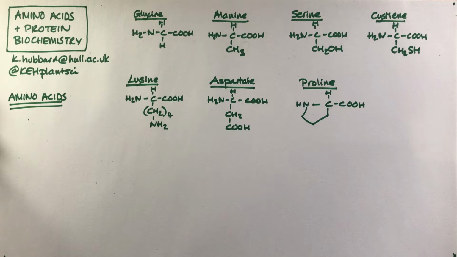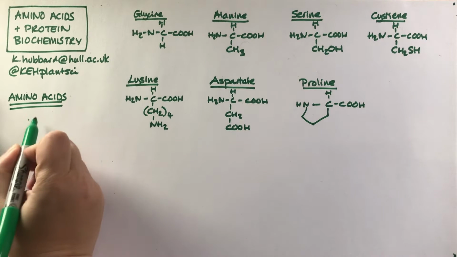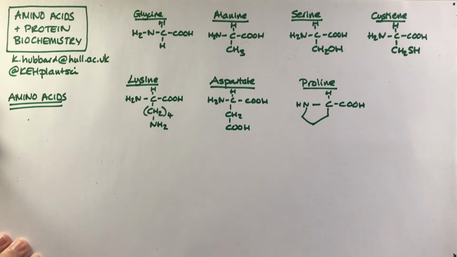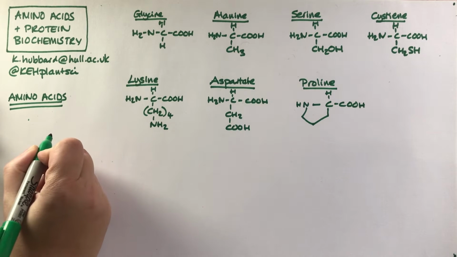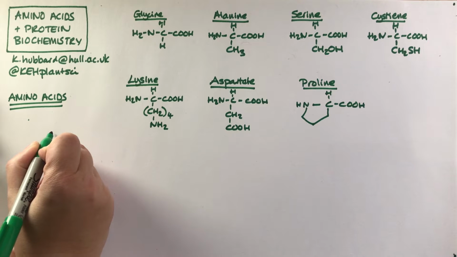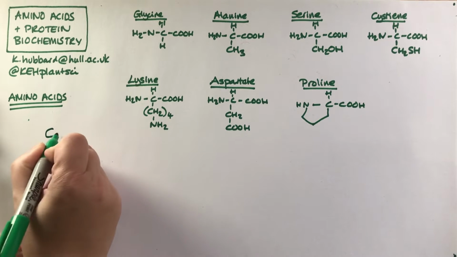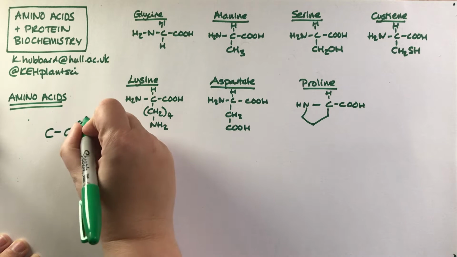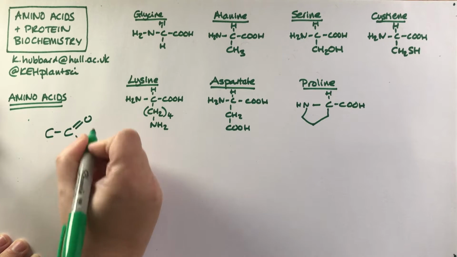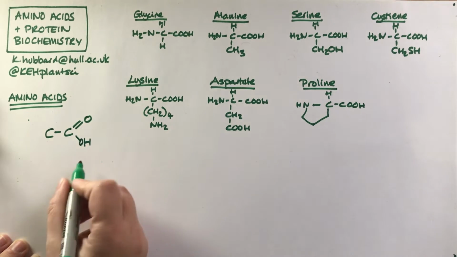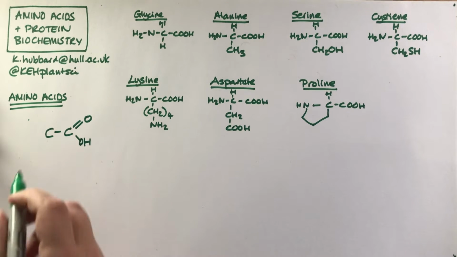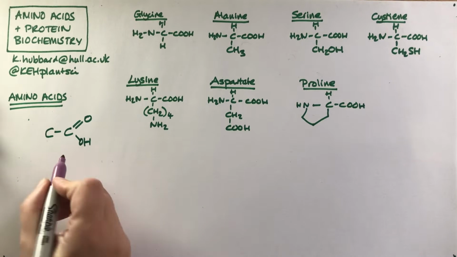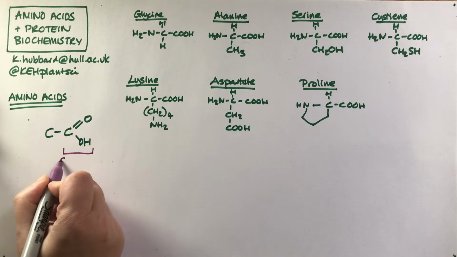Okay, so in order to do this, we first of all need to understand the amino acids, which are the building blocks of proteins. So you might know that the common structure for amino acids is this. So we have a central carbon atom, we have a carbon, double bond oxygen, and an OH, which is known as a carboxylic acid group.